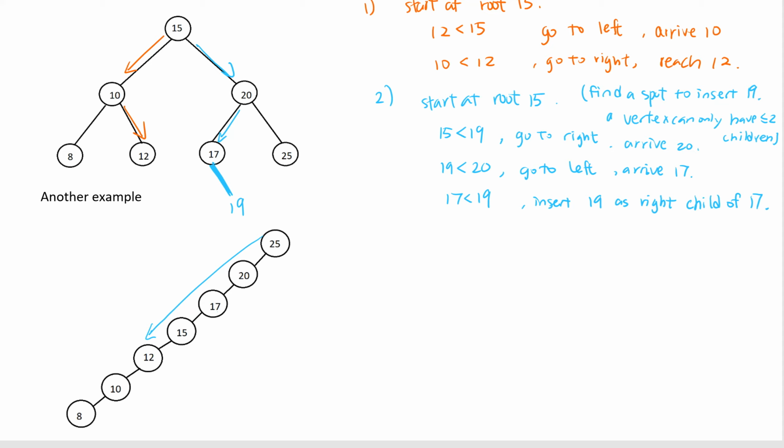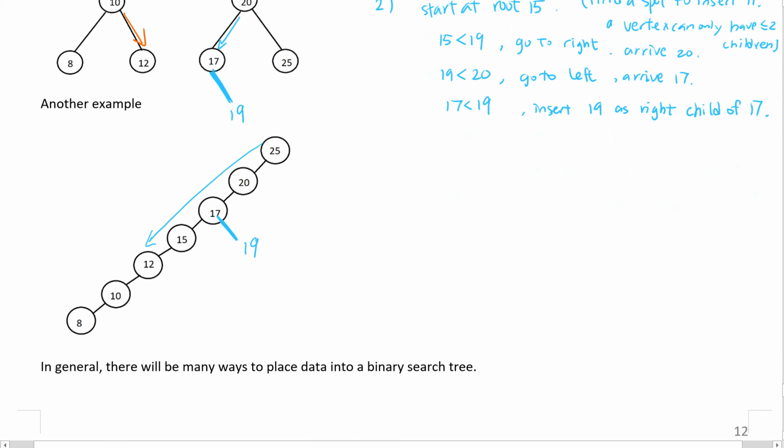And when we arrive at 17, because 19 is greater than 17, that's going to be the right child of 17. So far, so good, everybody? Okay, so in general, there will be many ways to place data in the binary search tree. Okay, let's continue.